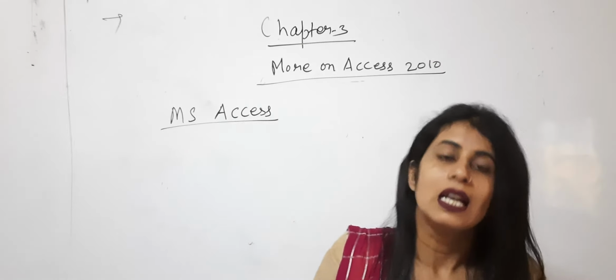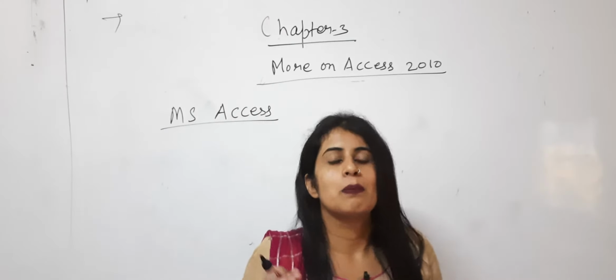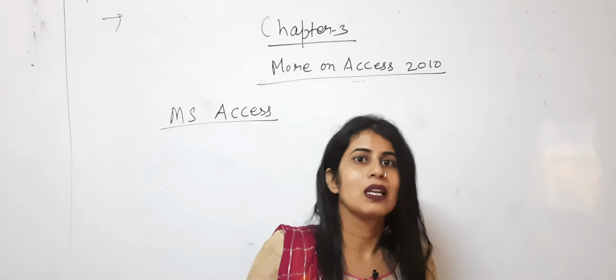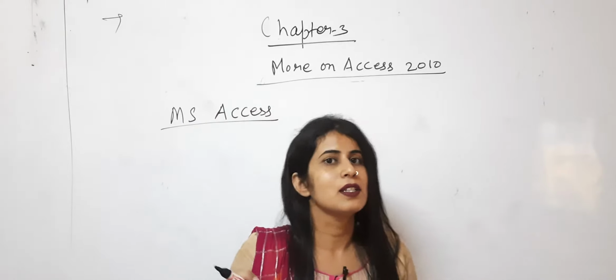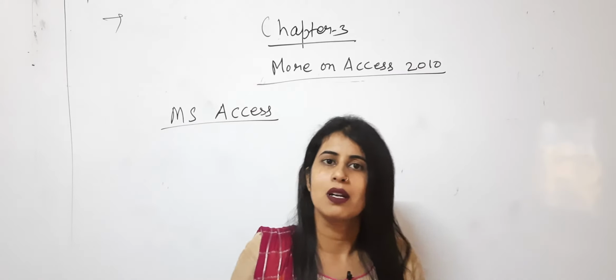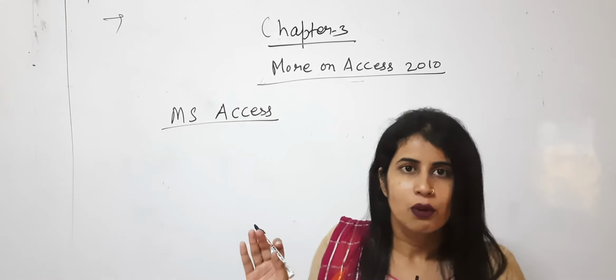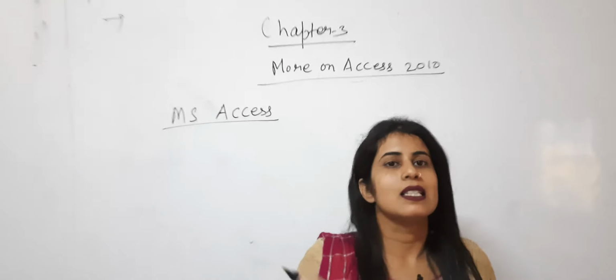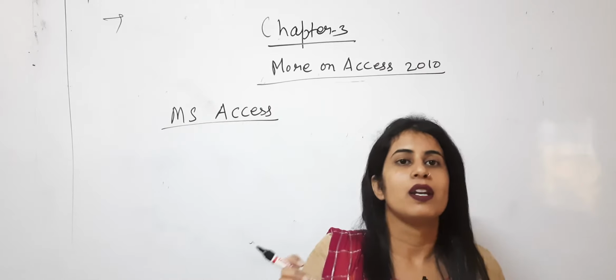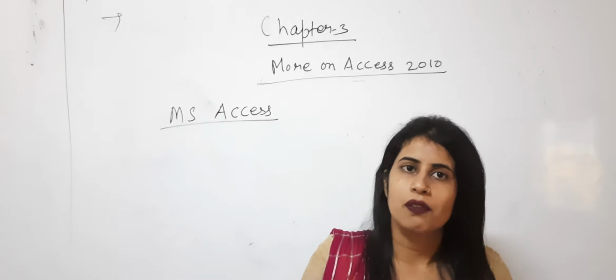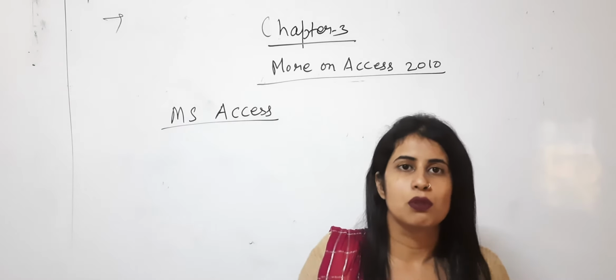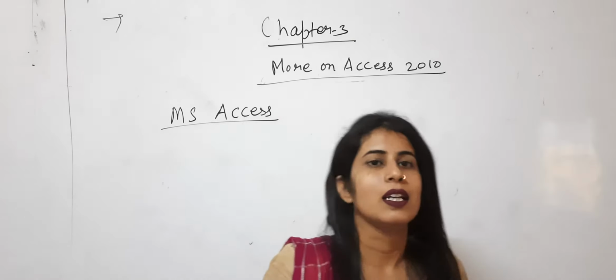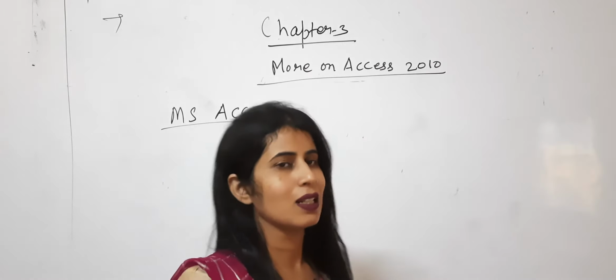We know that MS Access is basically used to create tables and to maintain the records in a database. I am repeating it. MS Access is an application software that is used to create tables and used to maintain records in a database.